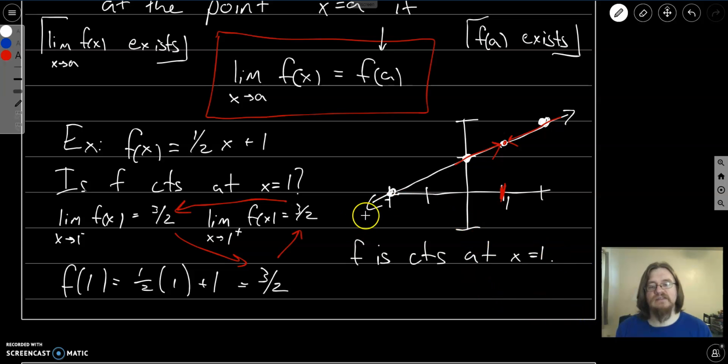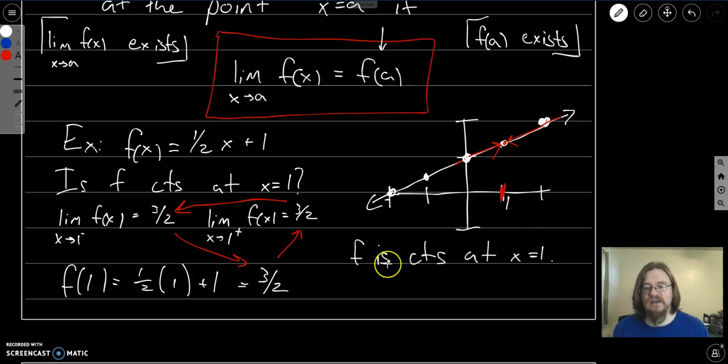Now, the thing is, 1 really isn't special along here. If I took -1, if I took 0, if I took 3,937, all of those points, our function should be continuous there because the function doesn't change at all. It's just a straight line. It doesn't matter if we're below the x-axis or above the x-axis. It's just a straight line everywhere.